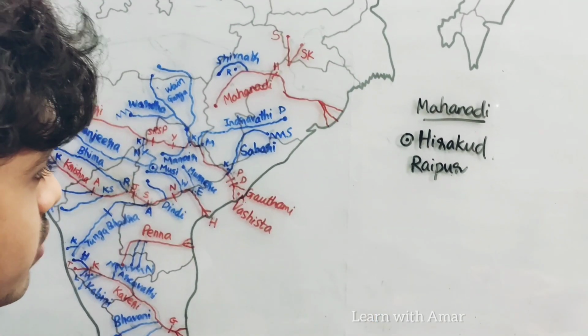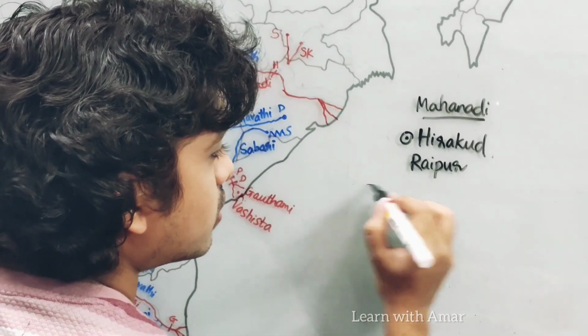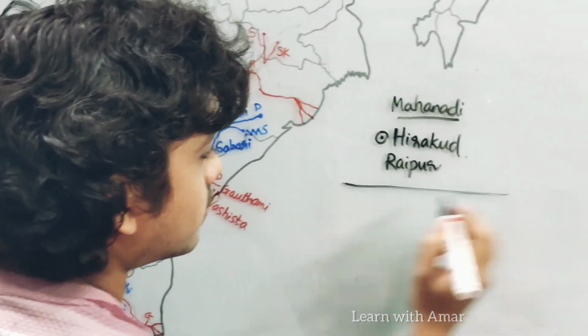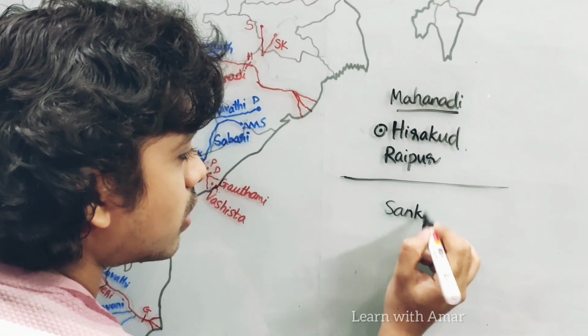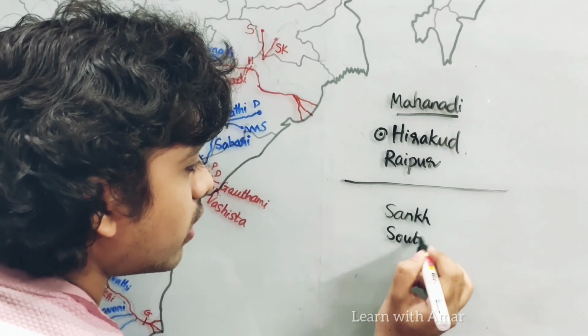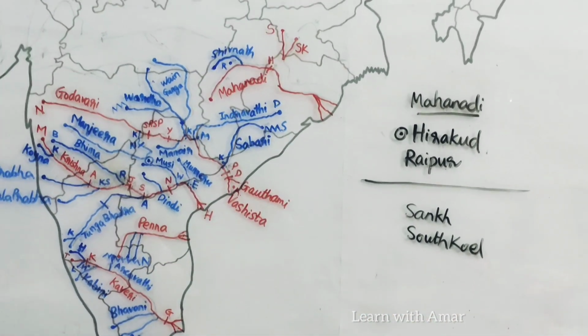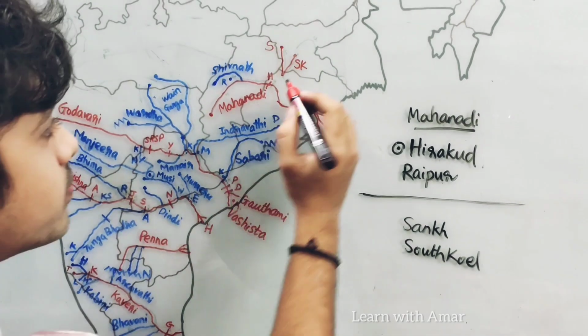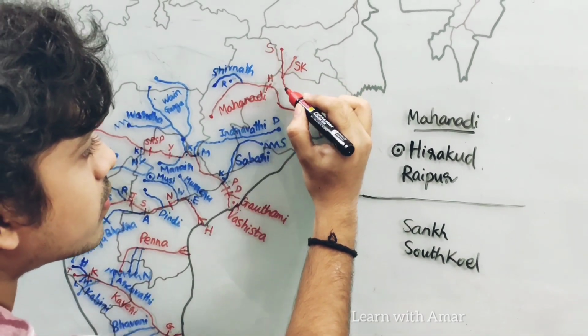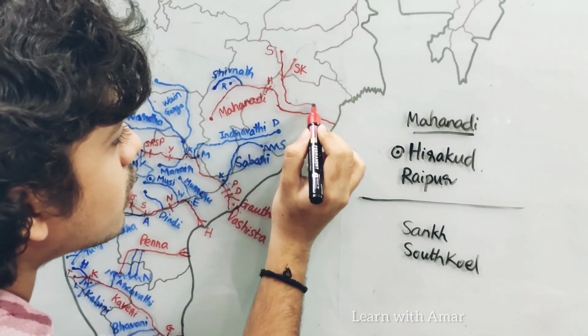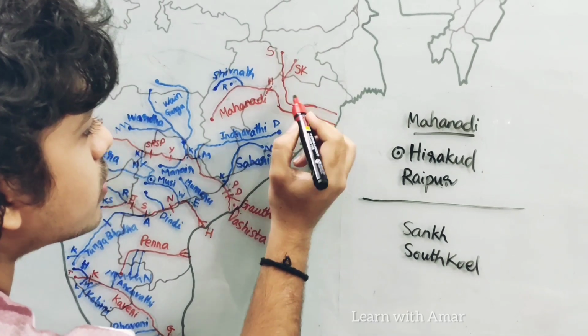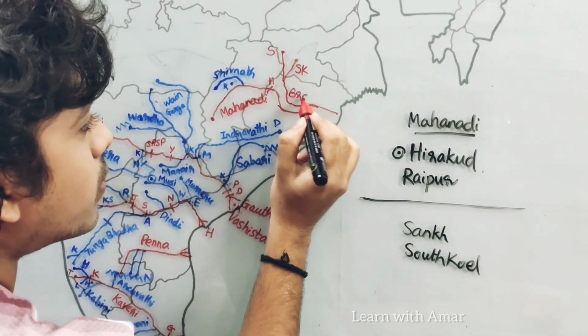So rivers Shank and South Koyal, both of these form the river Bramhani. Okay, so this is the river Bramhani.